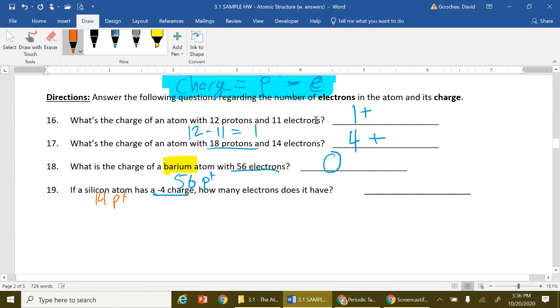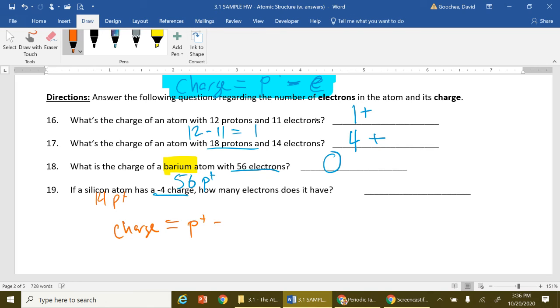First of all, you can just use this equation up here. Charge equals protons minus electrons. You know that the charge is 4 minus, and you know it's got 14 protons. So 14 minus the number of electrons gets us the charge.